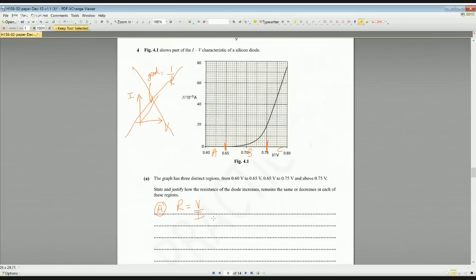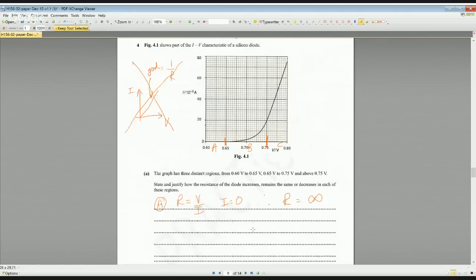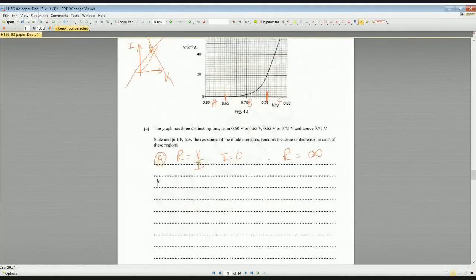So you know that R equals V divided by I, and actually in the first section here, I equals 0. So therefore we can say that the resistance R is infinite. Okay, it's incredibly high. In section B, we are going from a position where we've got an infinite resistance to a position where we have some resistance.